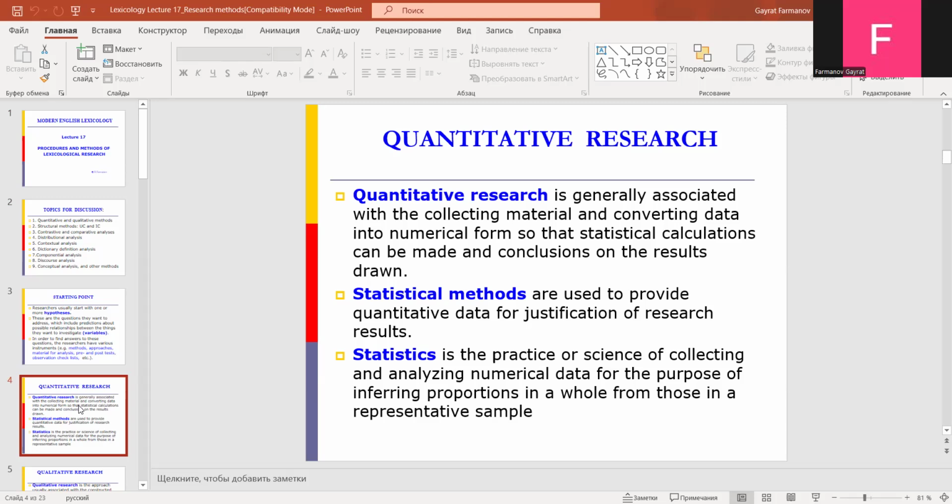Statistical methods are used to provide quantitative data for justification of research results. Statistics is a practice or science of collecting and analyzing numerical data for the purpose of inferring proportions in a whole from those in a representative sample.